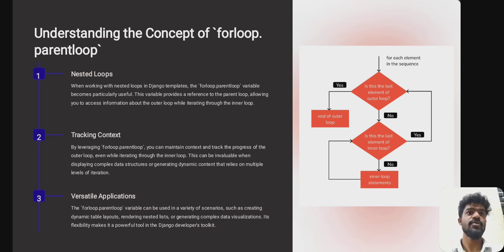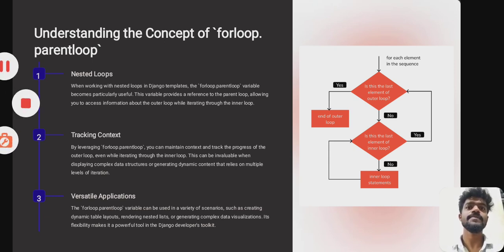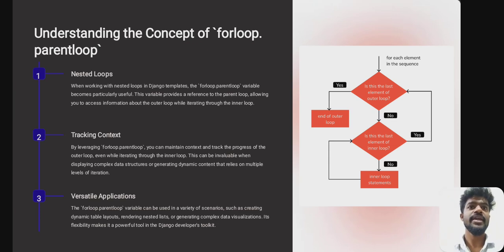Understanding the concept of forloop.parentloop in nested loops. When working with nested loops in Django templates, the forloop.parentloop variable becomes particularly useful. This variable provides a reference to the parent loop, allowing you to access information about the outer loop while iterating through the inner loop.